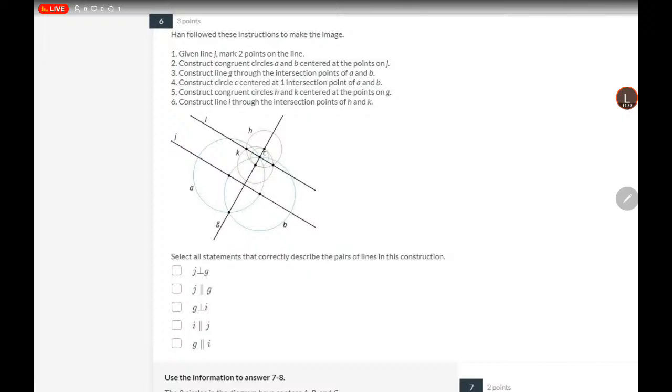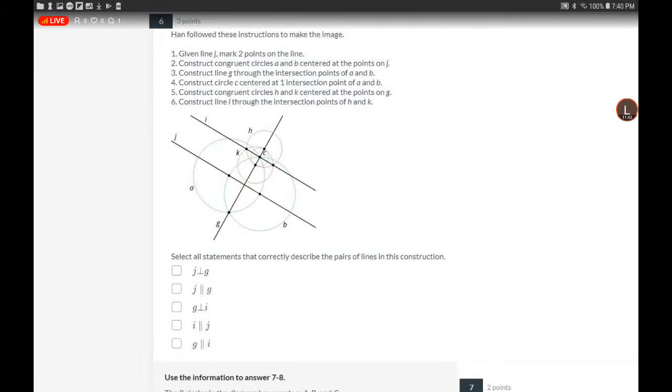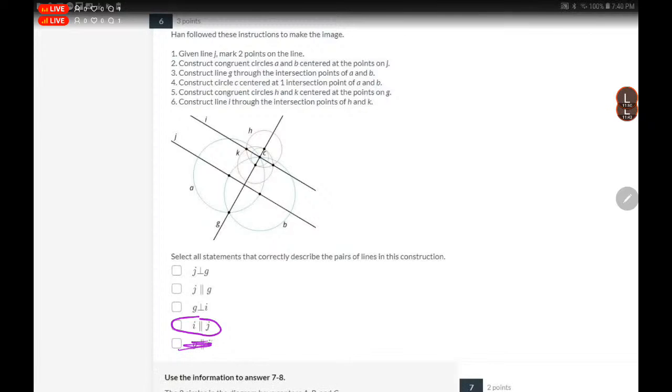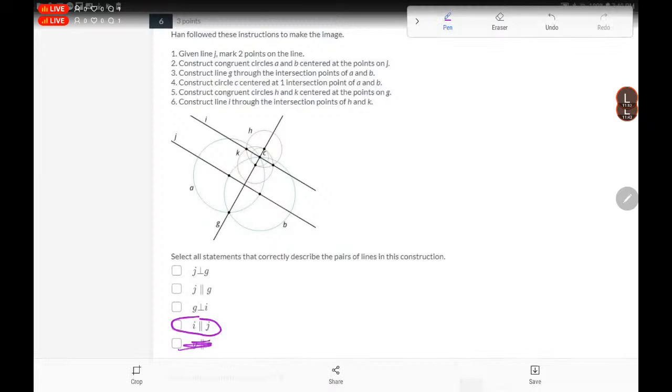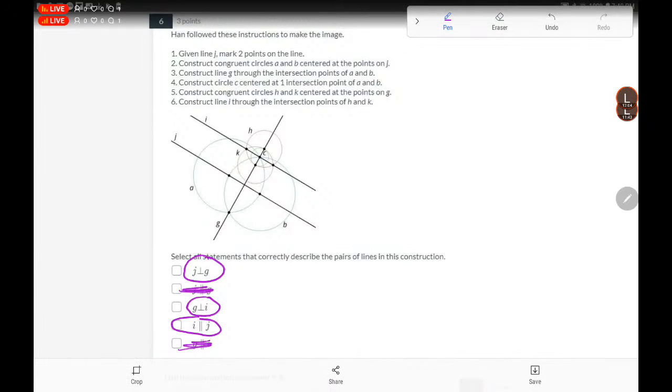I and J parallel, that's the 4th one. I'm going to mark these on here. So I and J are parallel, that's true. G is not parallel to any of these other lines here. J is perpendicular to G, and I is perpendicular to G. Those 3 are true, the rest are not.